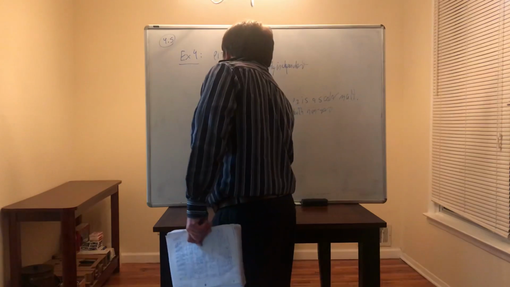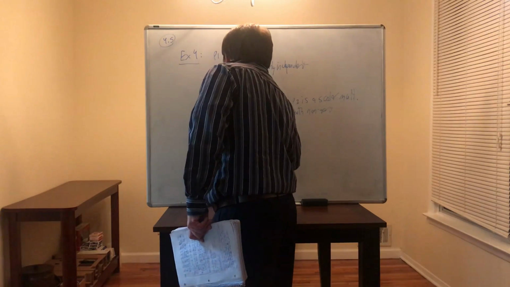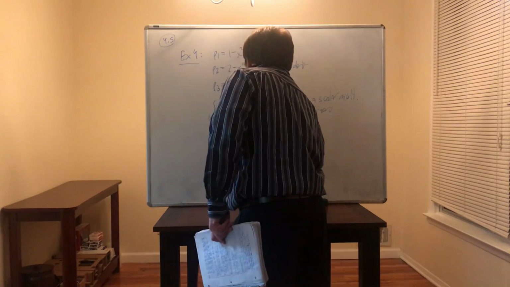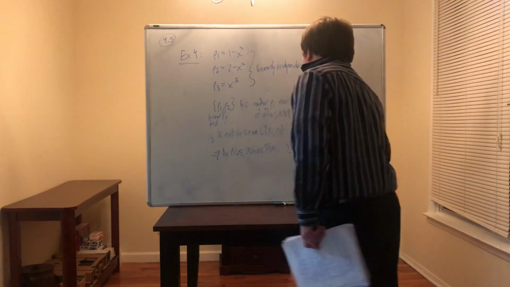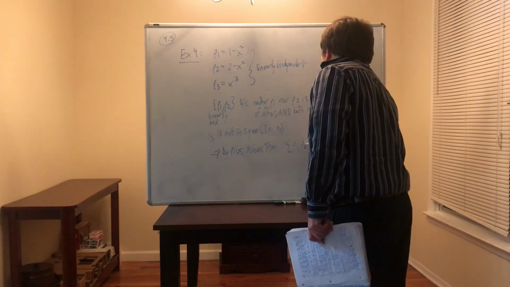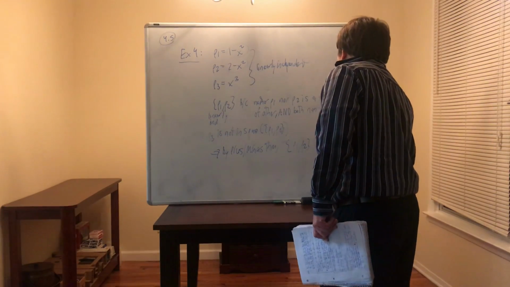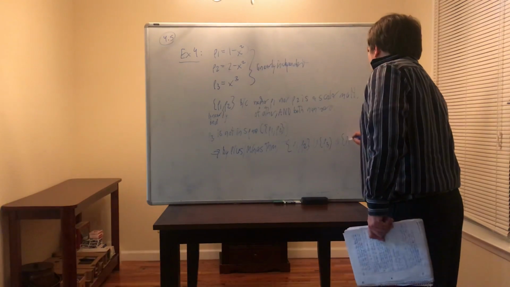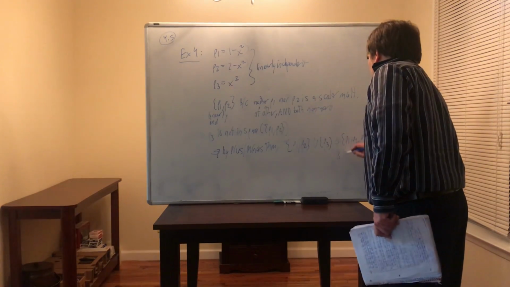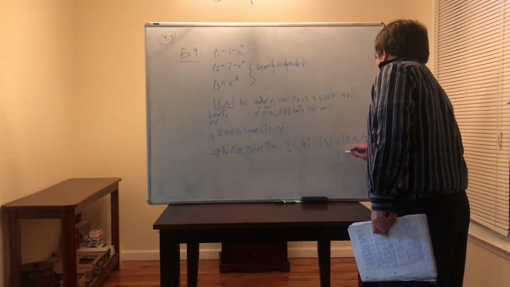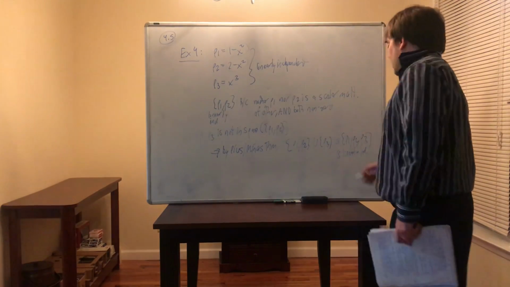And so therefore, by the plus minus theorem, we can say that the set {p1, p2} union the set containing p3, which is the set {p1, p2, p3}, is linearly independent as a set.